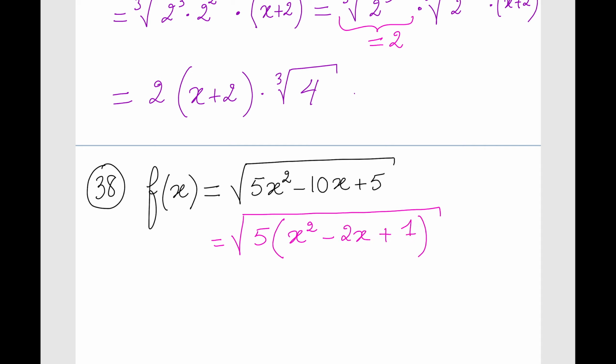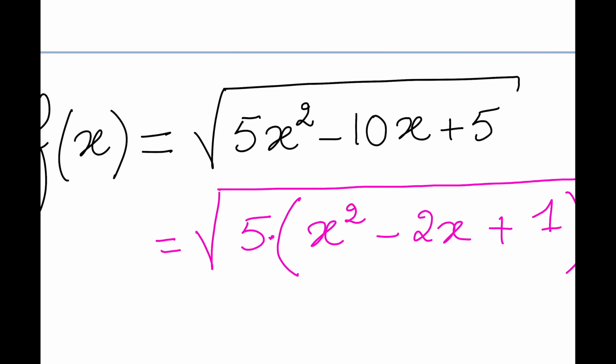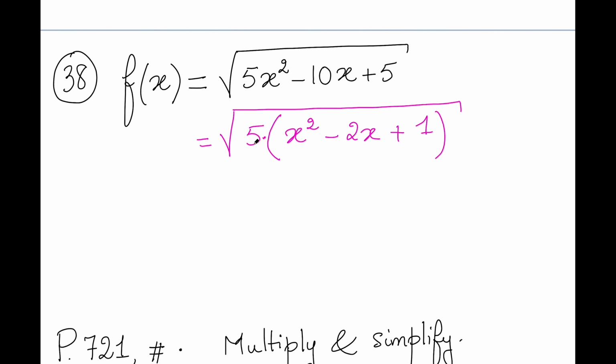Correct? If you want to recheck your work, distribute the multiplication over addition and subtraction again, and get that this is 5x squared minus 10x plus 5. And what's x squared minus 2x plus 1?